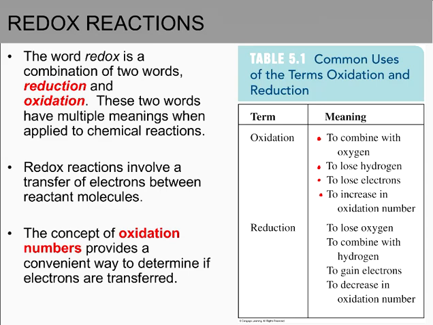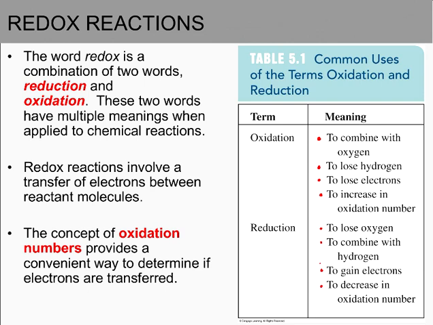And then reduction means that we're either losing oxygen, or we're gaining hydrogens, or we're gaining electrons, or we see a decrease in something called oxidation number. So there's four different meanings to the term reduction as well.